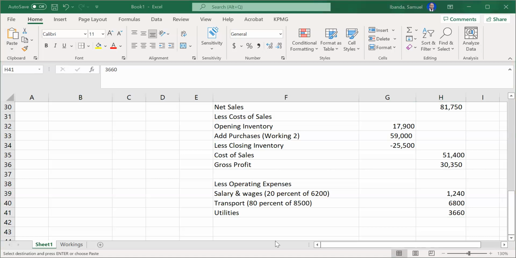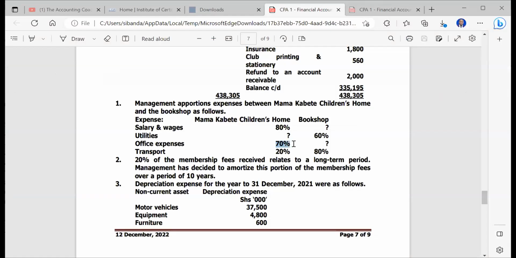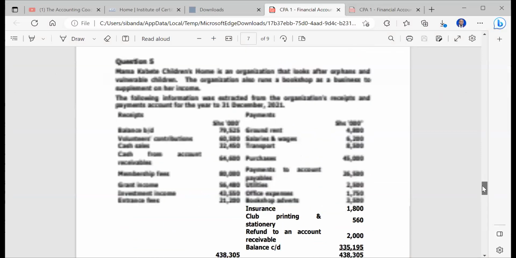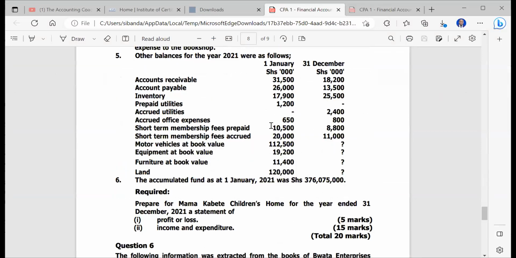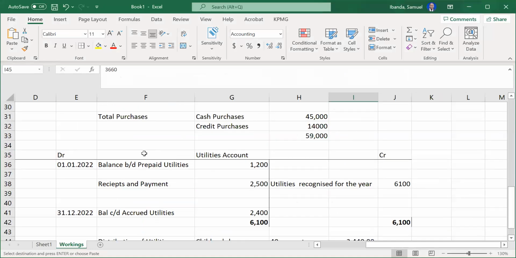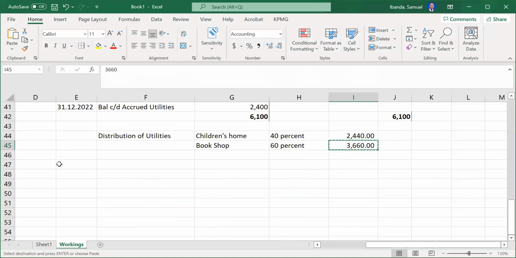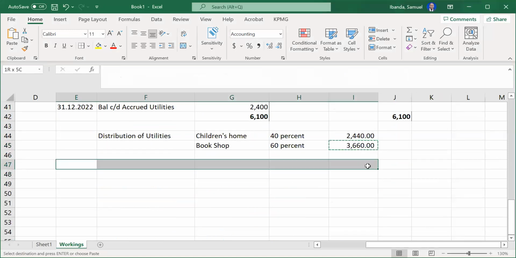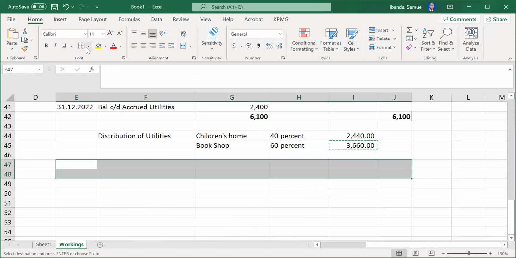So let's do office expenses. They're telling us 70% and then 30%. But these office expenses also have adjusting entries. So you just run to do the account, and that would be the office expenses account.